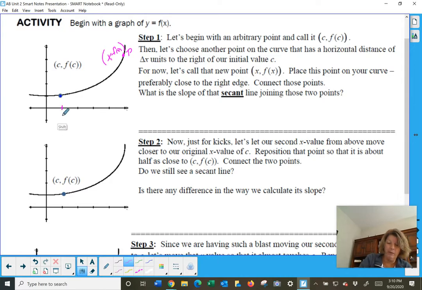And right here we would have had x being c. Now where's my p? Somewhere about there. Here's my point P. We're calling that x. It is over to the right by some delta x. All right. Now connecting it up with a line. This is a secant line.